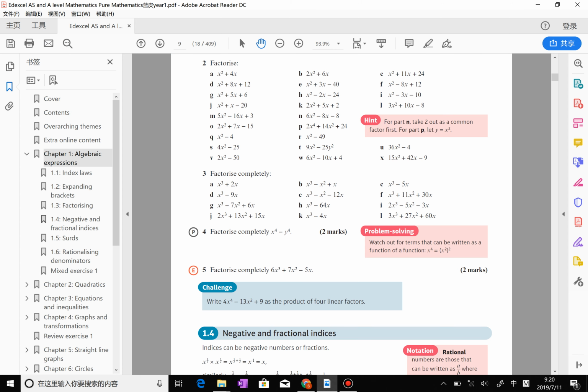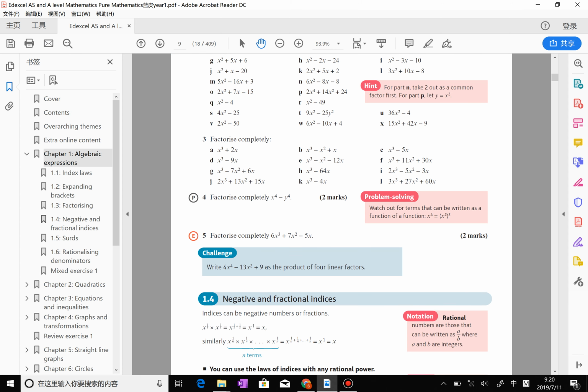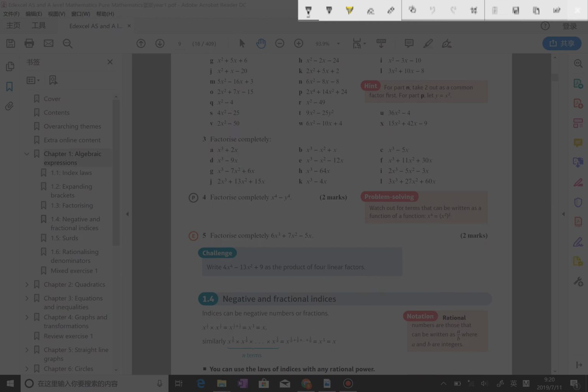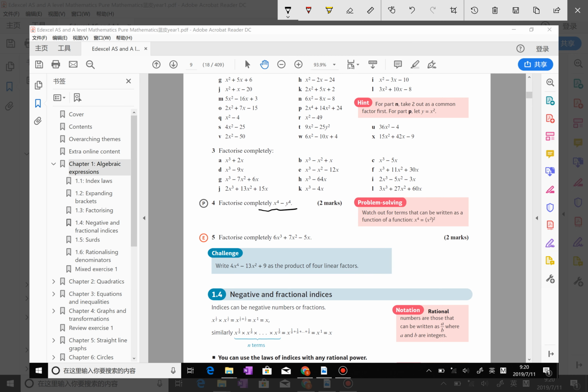So I'm going to show you how to do problem 4 because a lot of students make mistakes. So let's look at it. So x to the fourth minus y to the fourth. Okay. So x to the fourth could be seen as x squared, then squared, right? So minus y squared squared, right?